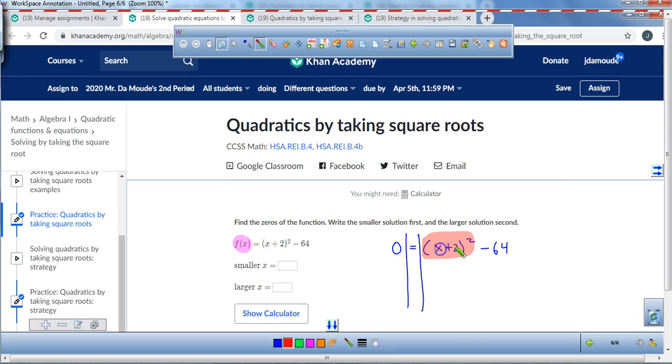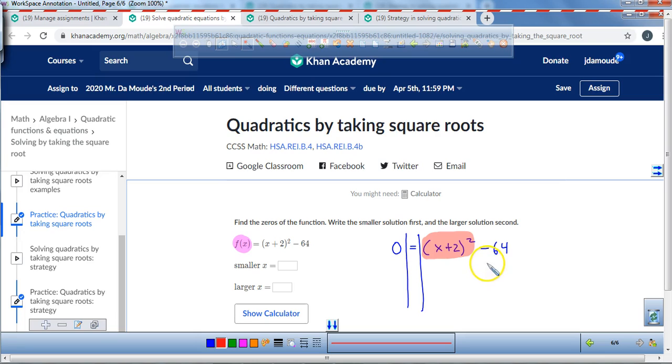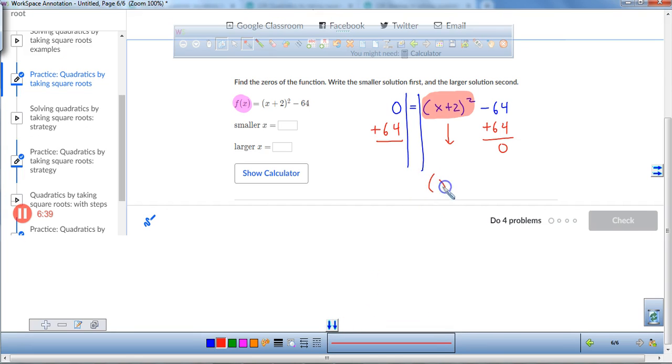And how do I keep x plus 2 in parentheses squared by itself or isolated? We have to add 64 to both sides. So we're going to add 64 and we're going to add 64. This zeroes out. Bring this down. So we have x plus 2 squared equals 64.